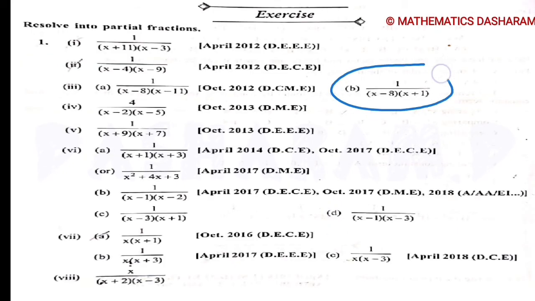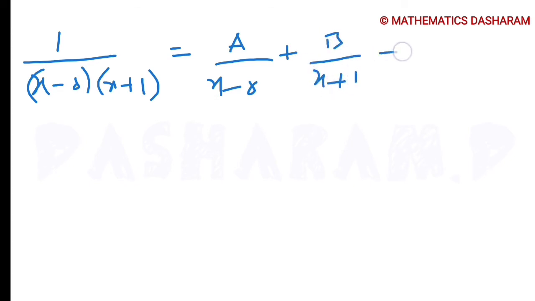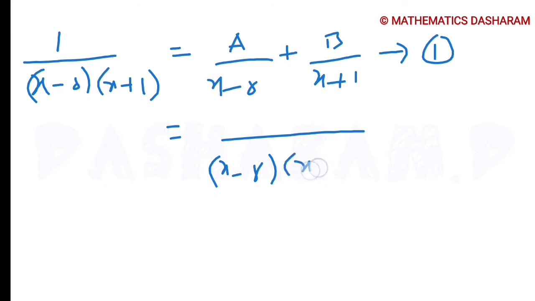Next, question number b. So it equals a divided by x minus 8 plus b divided by x plus 1. Here a and b both are constant numbers, and take it as equation 1. So now take the LCM, x minus 8 into x plus 1.